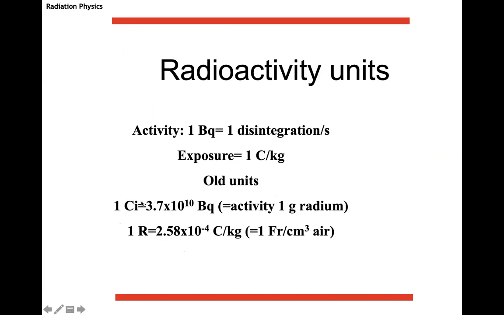The Curie is 3.7 times 10 to the 10 becquerel. 1 becquerel, I told you, is 1 disintegration per second. The Curie is a funny unit, but still very much used. It's the activity of 1 gram of radium, so it comes, of course, from the discovery of Marie Curie, while the current unit for the exposure is the coulomb per kilogram.